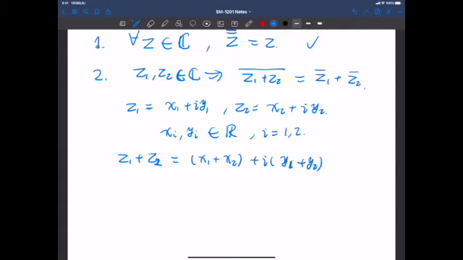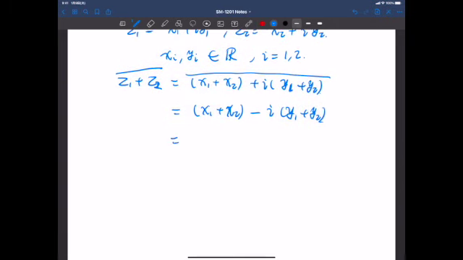So let's take the complex conjugate of this. Then that becomes x1 plus x2 minus i times y1 plus y2.